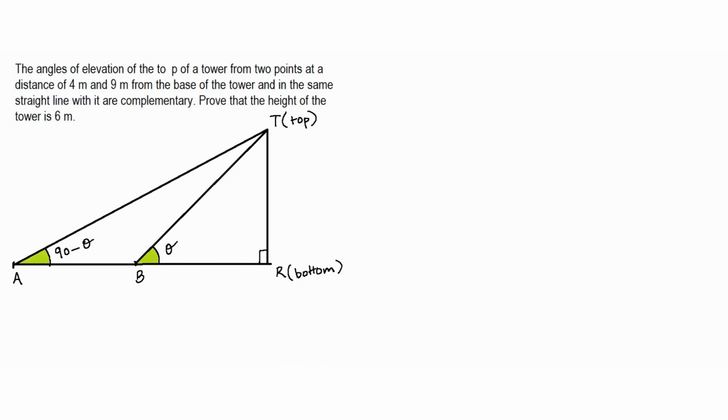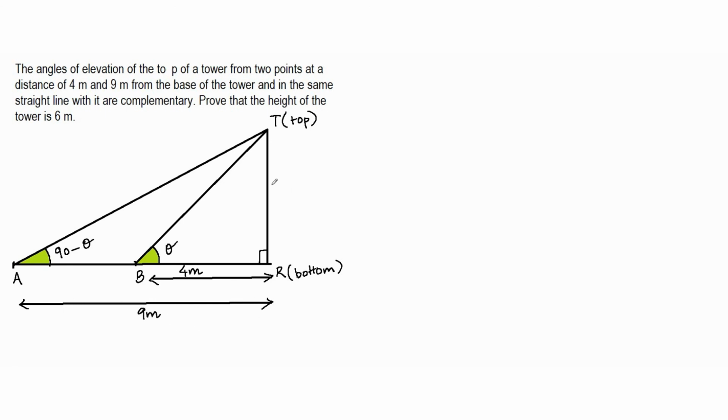It is given that the distance of the 2 points, this horizontal distance is 4 meters and this horizontal distance is 9 meters.